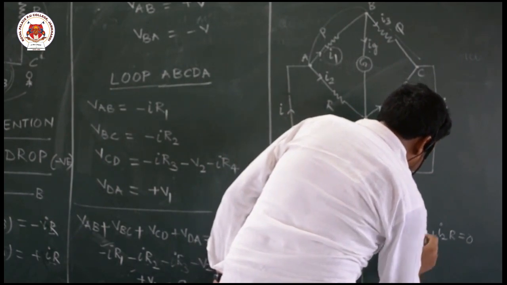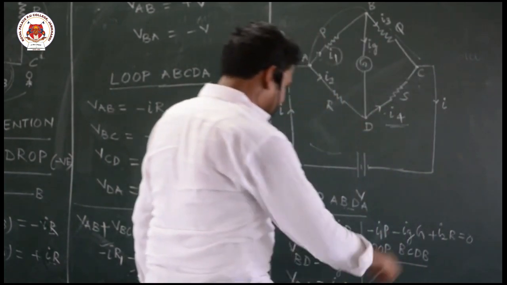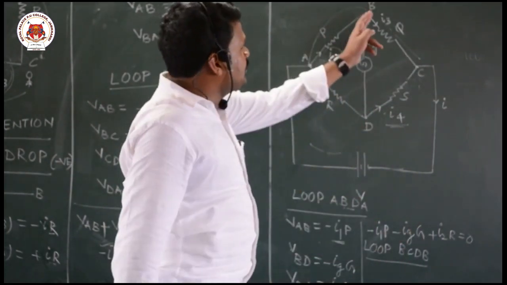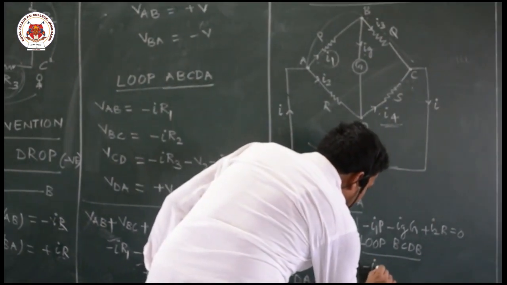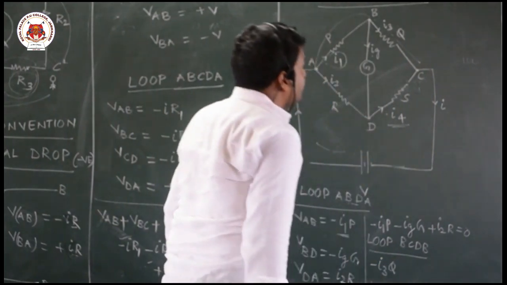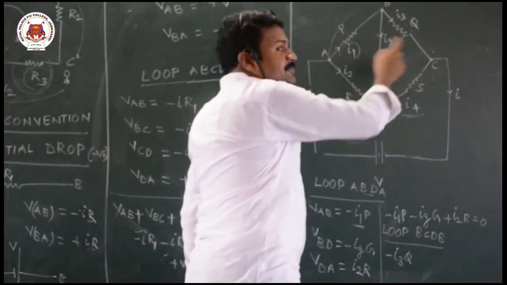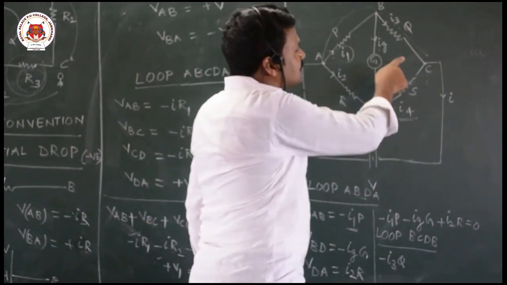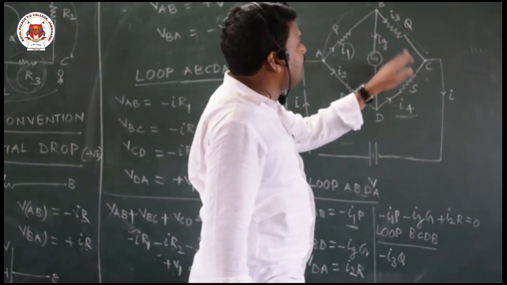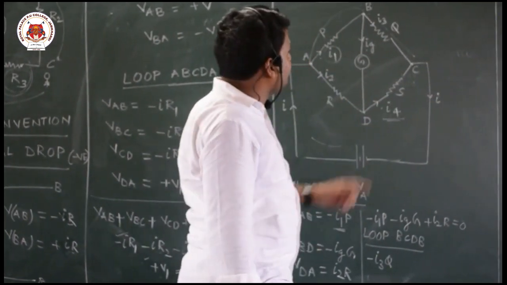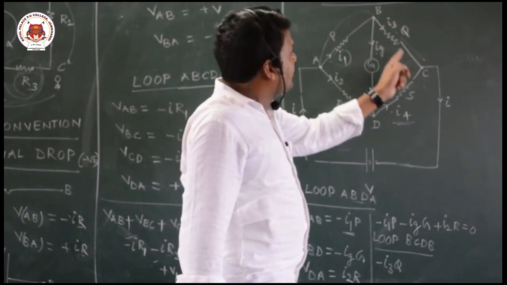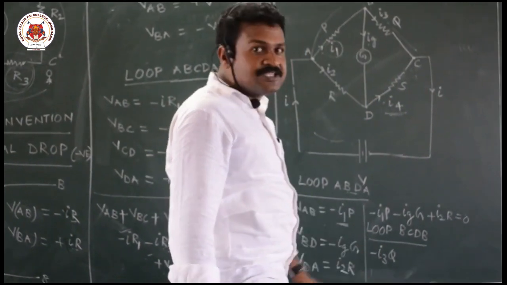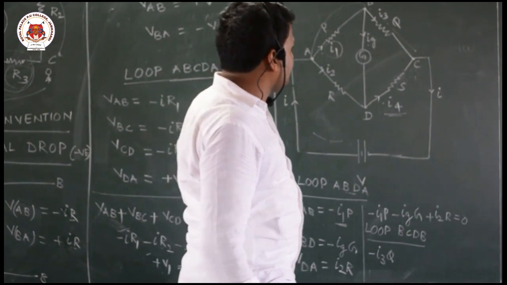Now let us write directly: B to C, minus I3Q. I am going from B to C in the direction of current through the resistor, so you have to write minus I3Q.